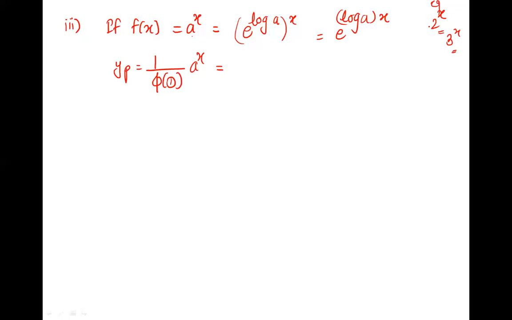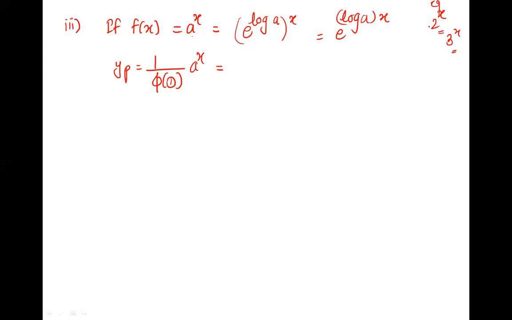Can anyone tell me the substitution? Because this is now E's case. Replace D by what? Log A. Yes, the power of E, that is with X. Here it is log A. So here we are going to substitute D as log A. So wherever there is D, we write log A into E raised to log A X.